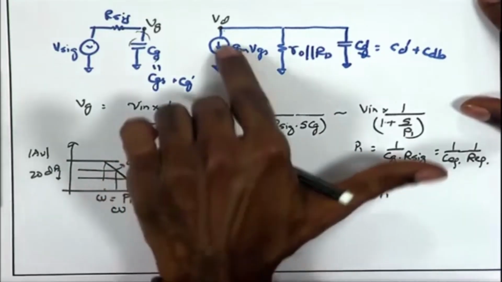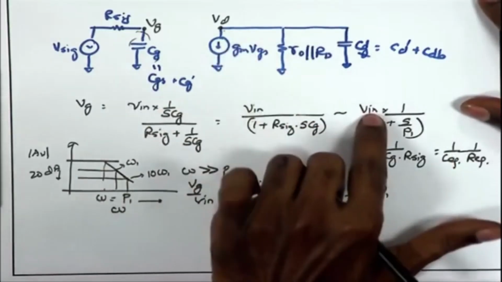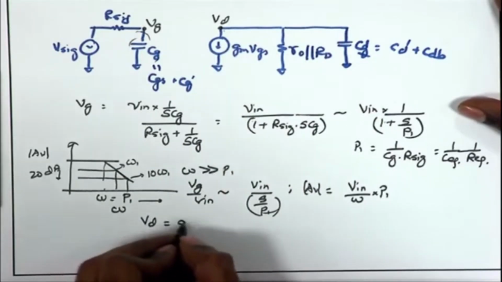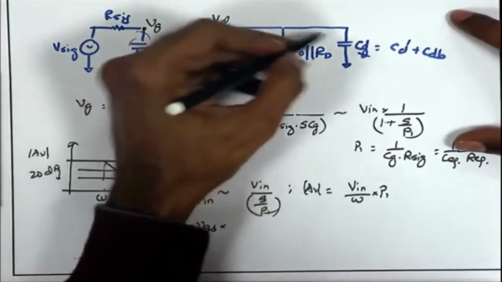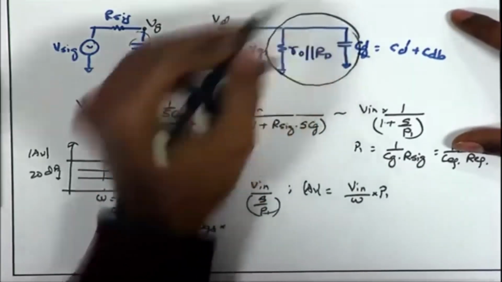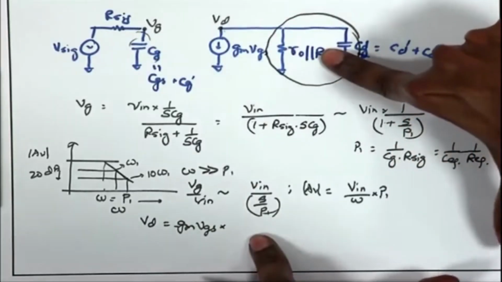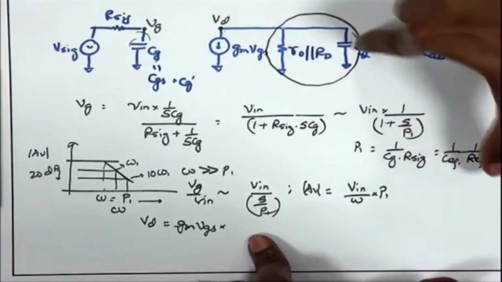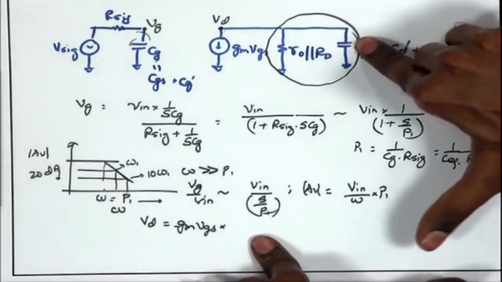Likewise, if I go for the output pole, once I have the expression for V in, I can find the expression for Vd, which is just Gm Vgs with a minus sign multiplied by the total Z that is seen over here. Earlier we had only Gm Vgs times Ro parallel Rd, but now we have Gm Vgs times Ro parallel Rd parallel the impedance of this capacitor, which is 1 upon SCD.